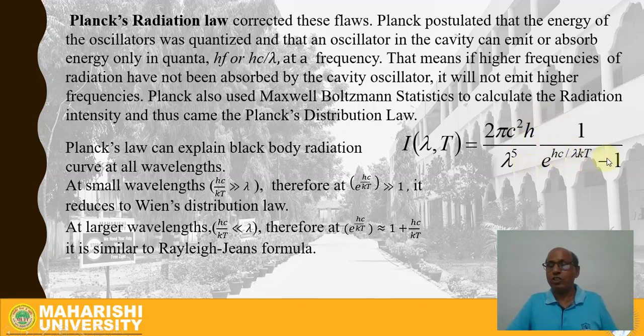You can see here, because this 1 is ignored, being much smaller than this, and then it has a negative sign, and then it becomes equal to the Wien's distribution law.